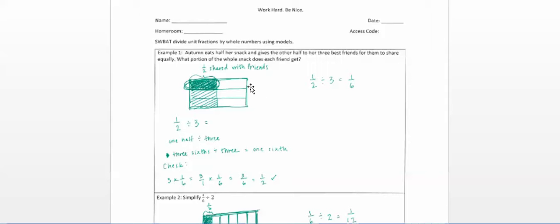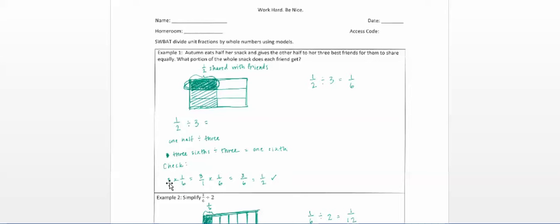When we split it here into the 3 friends, we see that this 1/2 becomes actually 3/6. 3/6 divided by 3 is 1/6. So when I have 3/6 divided into 3 groups, there is 1/6 in each group. Here I can now write 1/2 divided by 3 is equal to 1/6. Each friend gets 1/6 of the original snack.